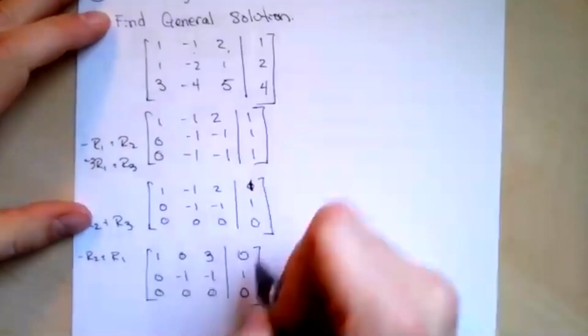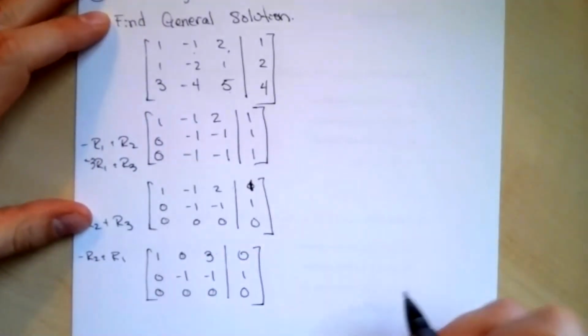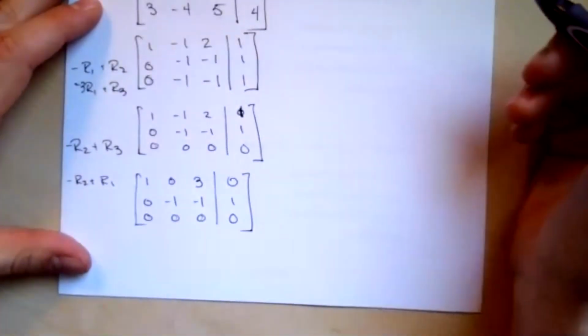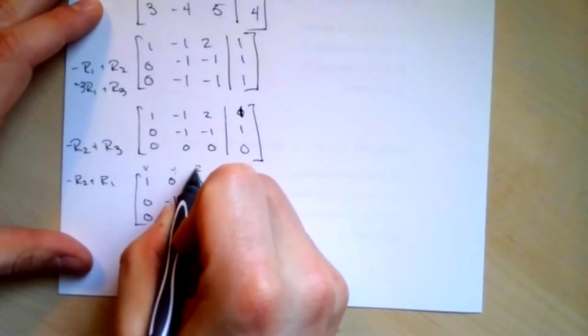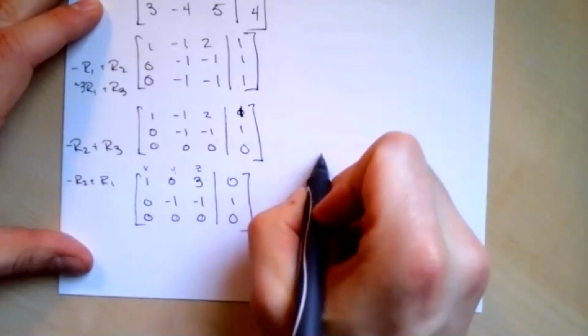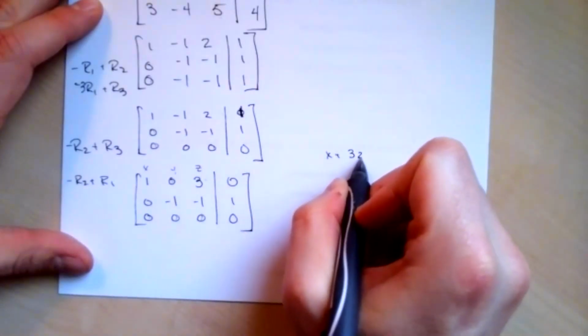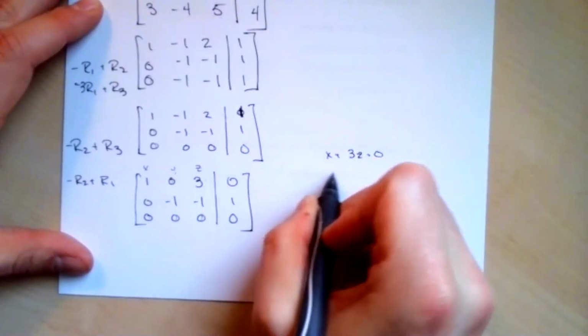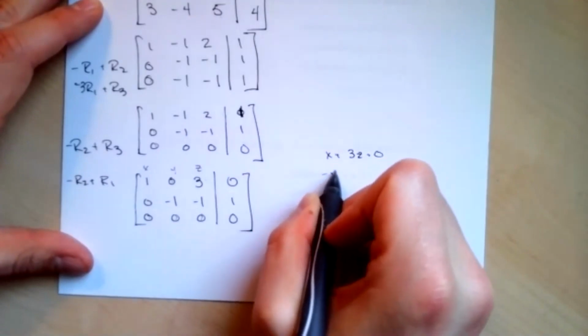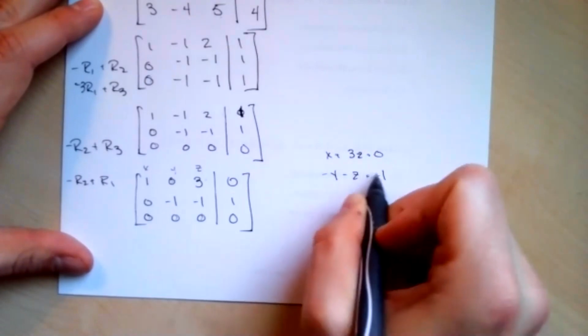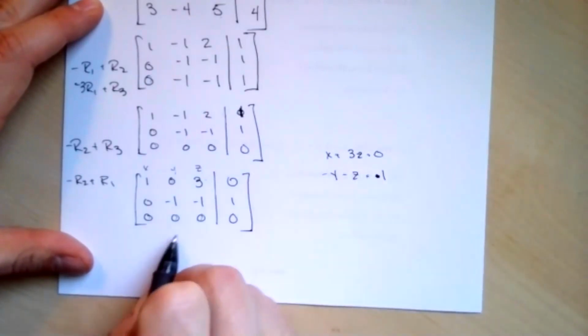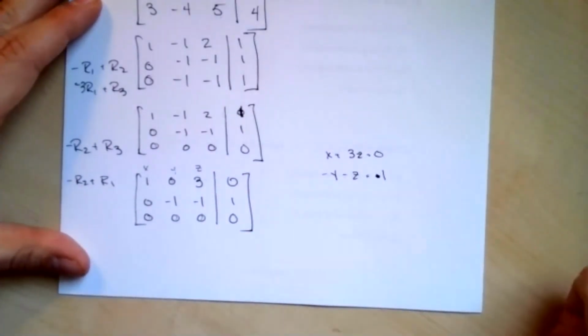So to find a specific solution, we want to rewrite this as our system of equations. So this is, remember, our x, our y, and our z. First line is going to say x plus 3z equals 0. Second line is going to say minus y minus z equals 1. And then the third one says essentially z can be anything.